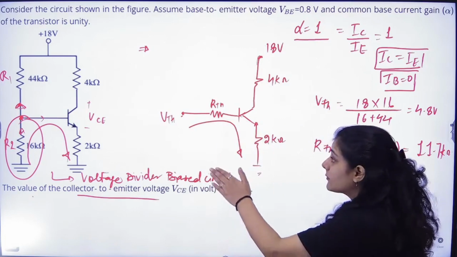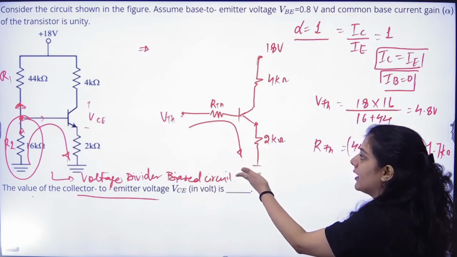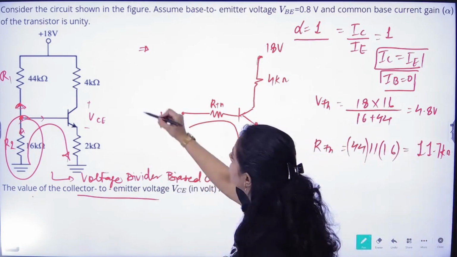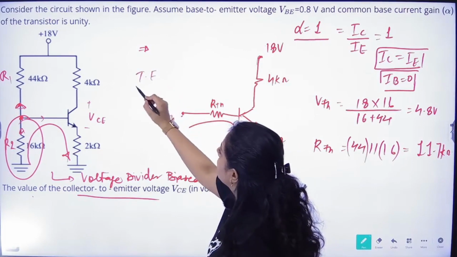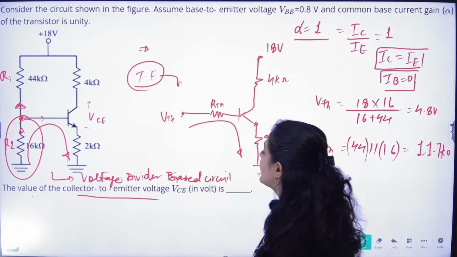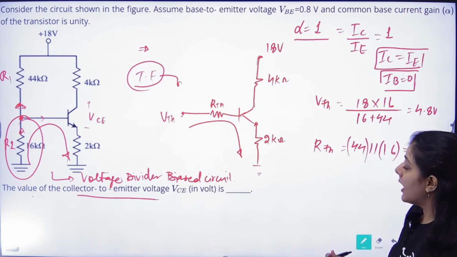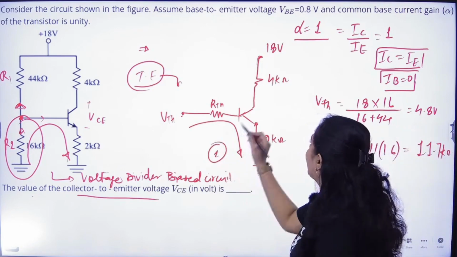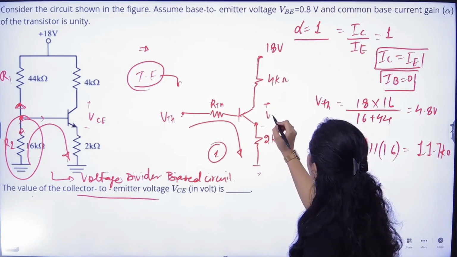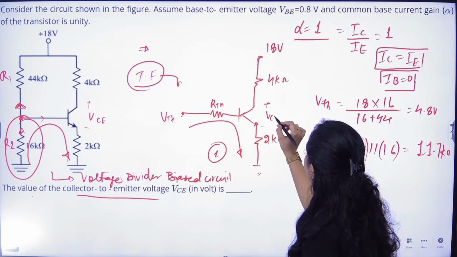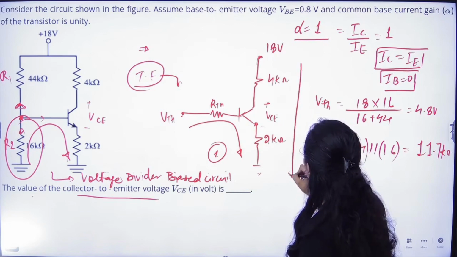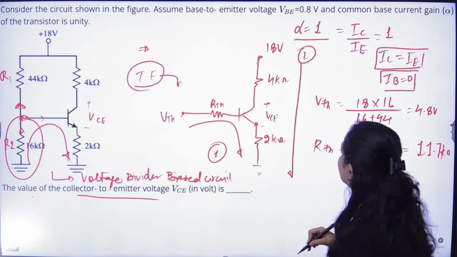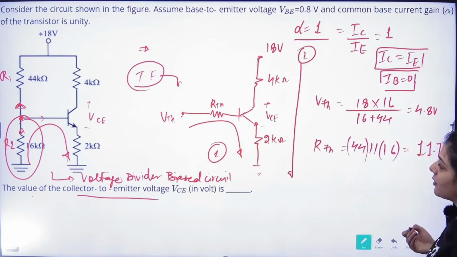That's why I have converted this particular circuit into its Thevenin equivalent. This is the Thevenin equivalent circuit of the voltage divider circuit. Now I can easily apply a loop here, and then they are asking us to find out VCE. After applying the second loop, we can easily find out the VCE value.